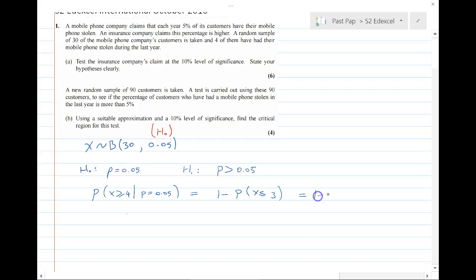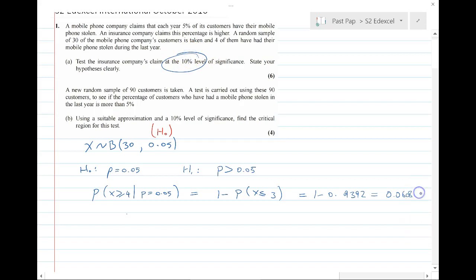So that's 1 minus 0.9392, and that is equal to 0.0608, which is less than our 10%.